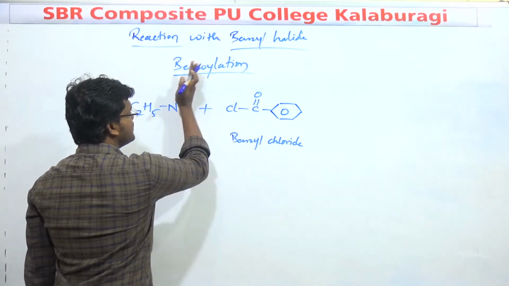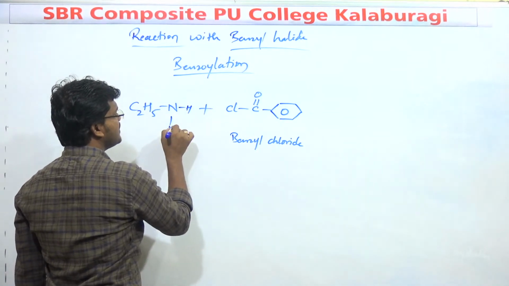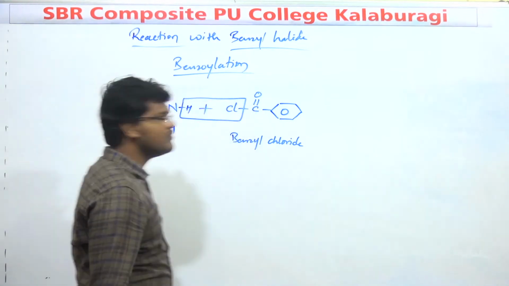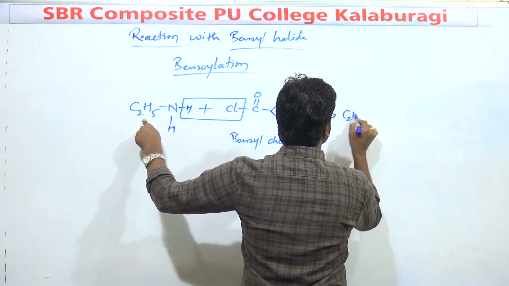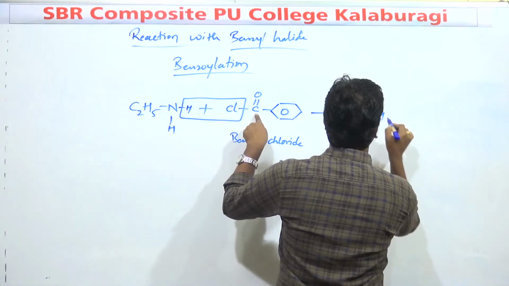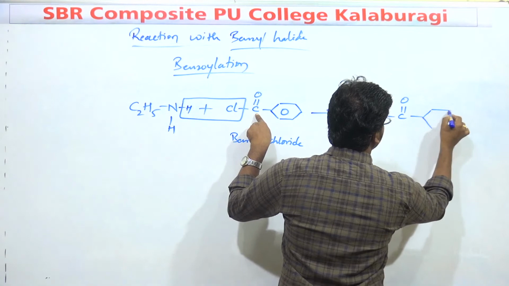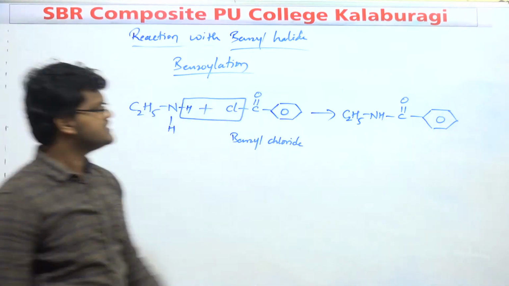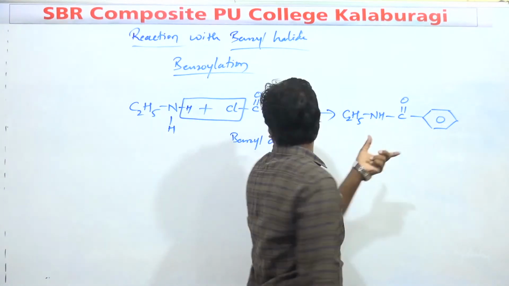In NH2, one of the hydrogens, this NH2 can be written as what? NH. So this part will go. Tell me what I am left with. C2H5NH attached to CO and the benzene ring. So this is the parent, benzamide.